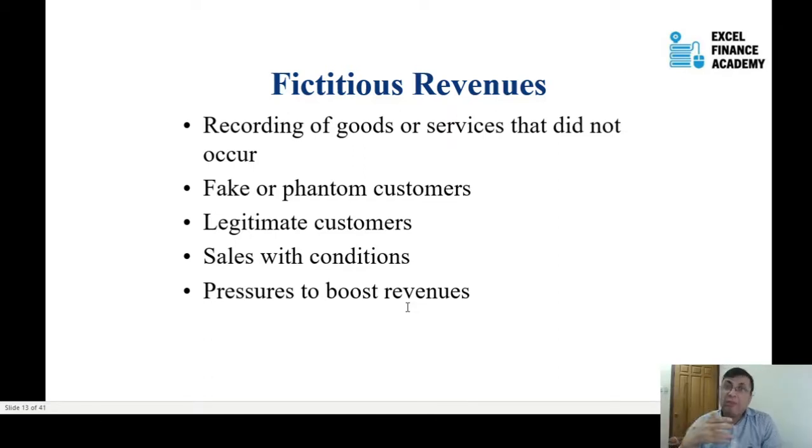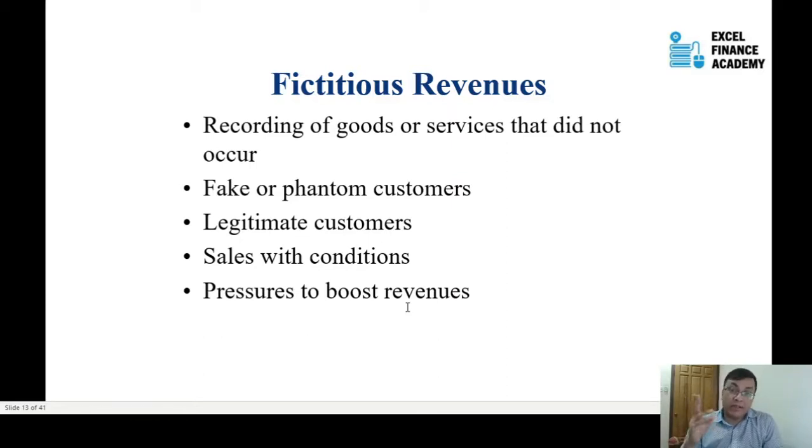So you have to first deliver the goods or have produced the services already, the title and responsibility of the goods have been transferred to the consumer, the seller's price is fixed and determinable, and the collectibility is reasonably assured.